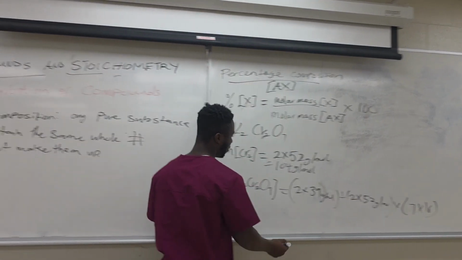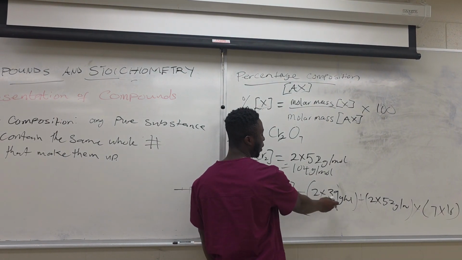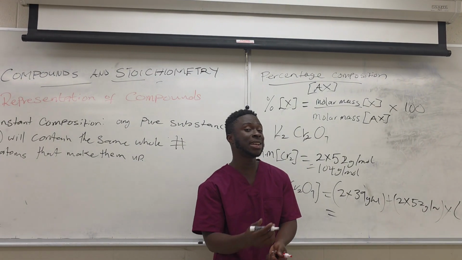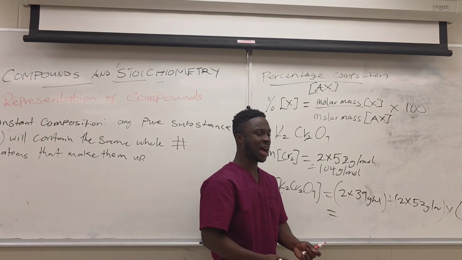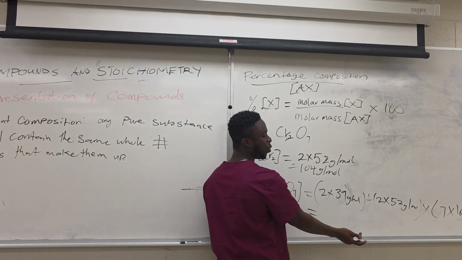So once we have this figured out, we could say that 2 times 39, even if it was 40, and on the MCAT, please, the MCAT doesn't test your ability to plug in and chug. It tests how good you can relate units. So I'm going to assume this is 40, right?